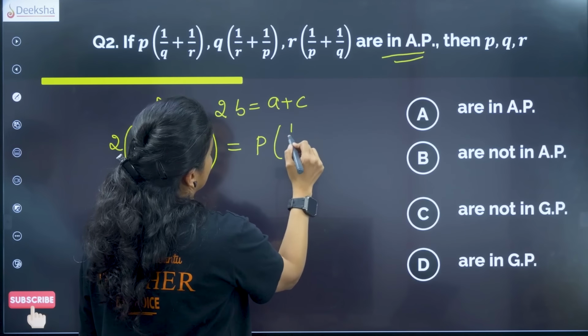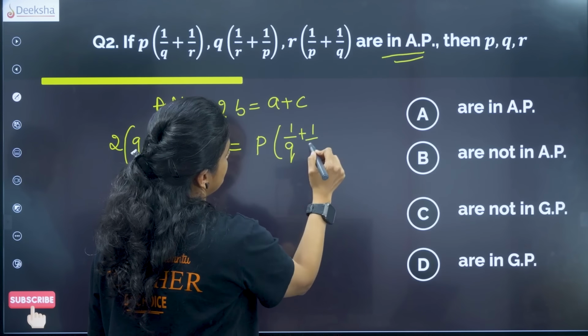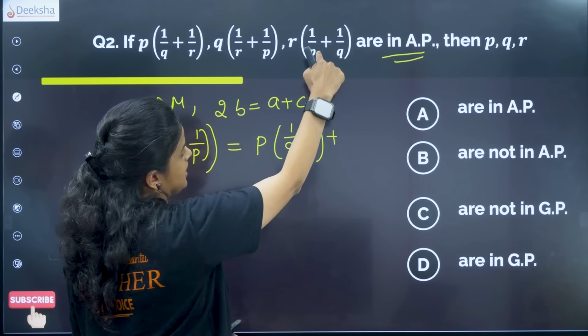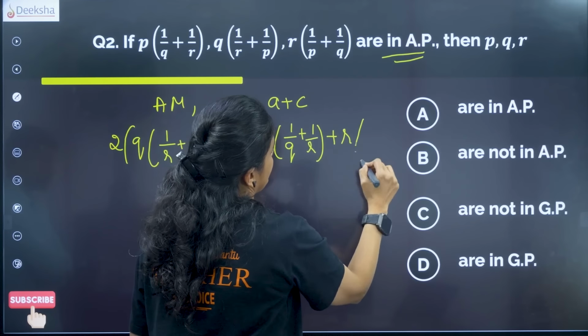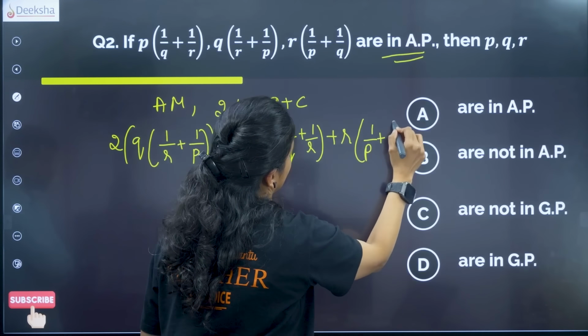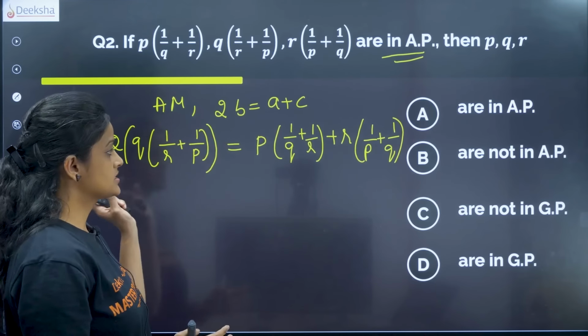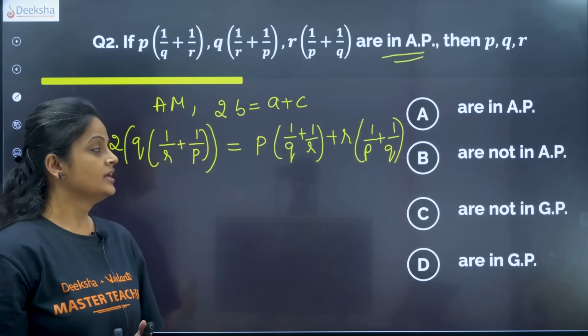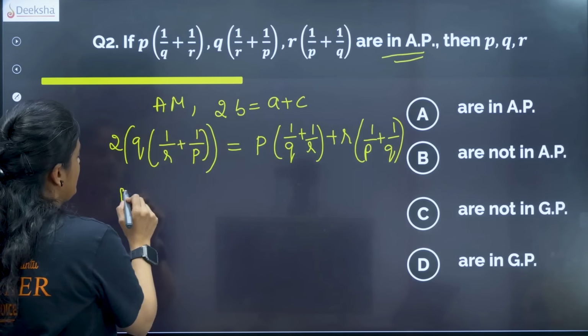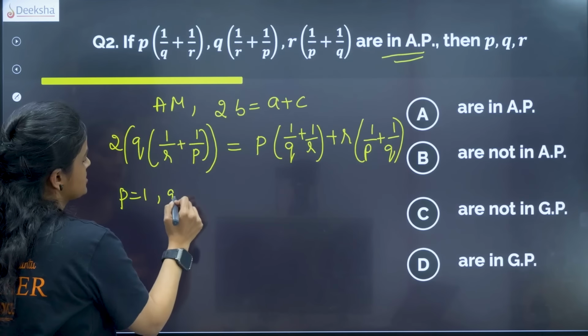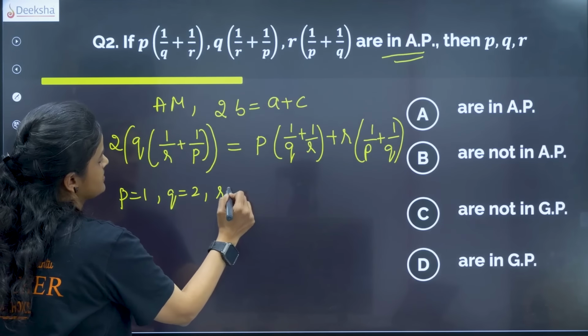P into 1 by Q plus 1 by R plus the last term what they have given. But I am not asking you to solve this. Definitely it will take a lot of time if you are sitting and solving this. So what I'll do, shortcut again. I'll put P as 1, Q as 2 and R as 3.